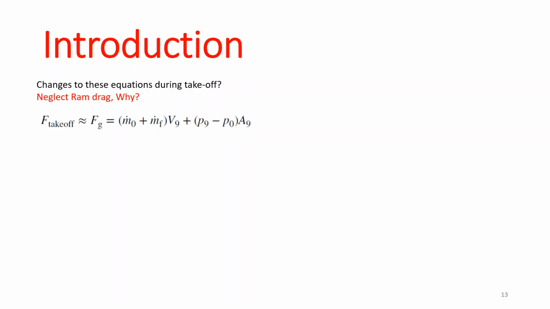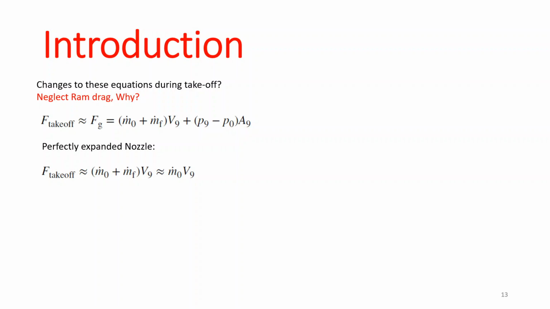So what is going to happen if you have a perfectly expanded nozzle? What is going to happen to this takeoff equation? The last term will vanish, right? It'll go to zero. So for a perfectly expanded nozzle, your takeoff thrust is essentially going to look like this.